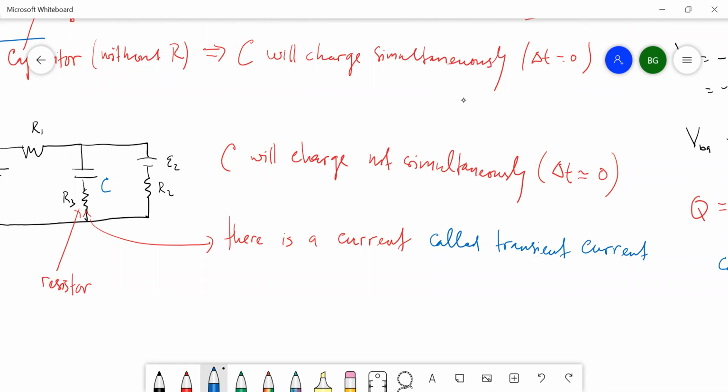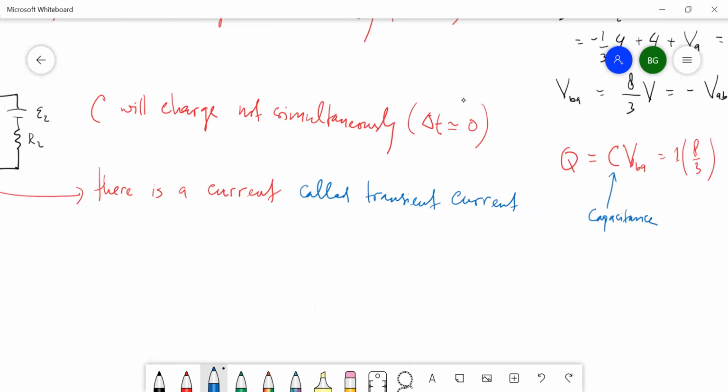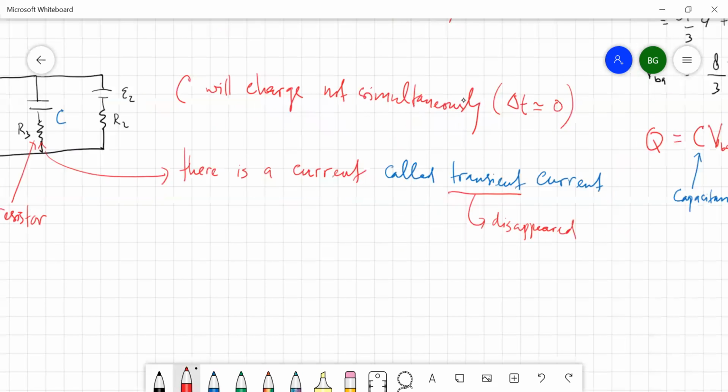Why is it called transient? Because it will disappear. Okay, we will discuss this transient current after this.